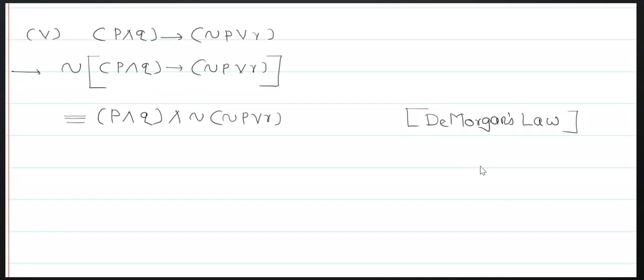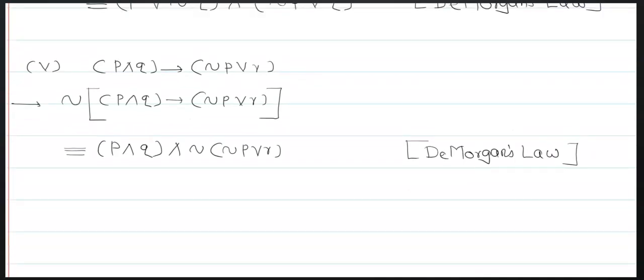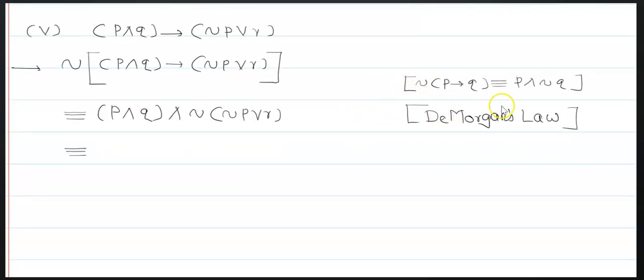We'll apply the negation sign to the second bracket. This is the negation sign. The negation of P implies P and negation Q. And this can be written as, this is the commutative law.